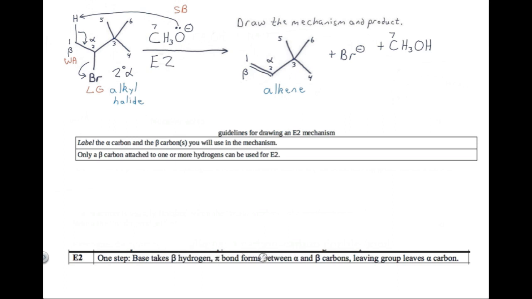Each of these things requires an electron-pushing arrow. You have to show an electron-pushing arrow to show the base taking the beta hydrogen. You have to draw an electron-pushing arrow to show the pi bond forming between alpha and beta carbons, and you have to draw an electron-pushing arrow to show the leaving group leaving the alpha carbon. When you feel that you have these 3 ideas memorized, you're ready to proceed to the next video in this series, where you can get some more practice with the E2 mechanism.